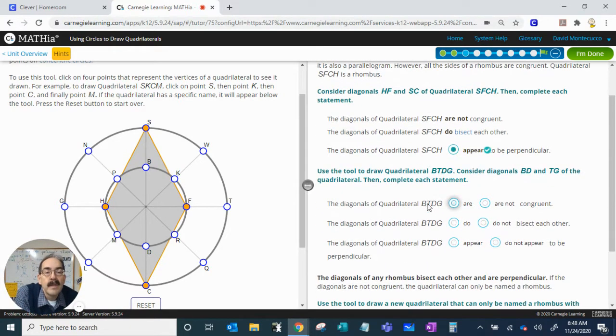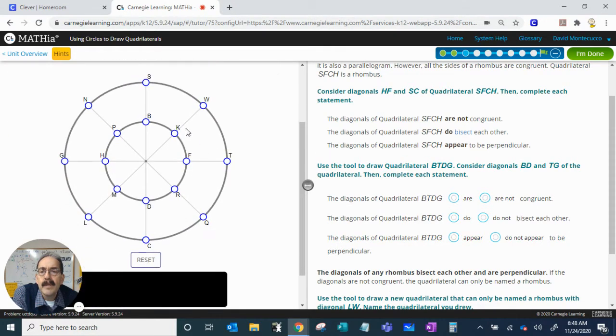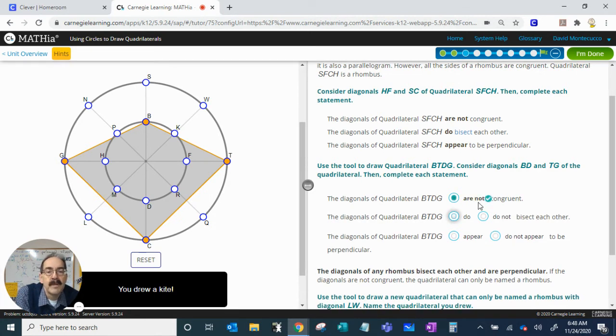All right. Okay. Use the draw tool BTDG, BTCG. Ooh, a kite. I love it. So they're not congruent. Diagonals are not the same.